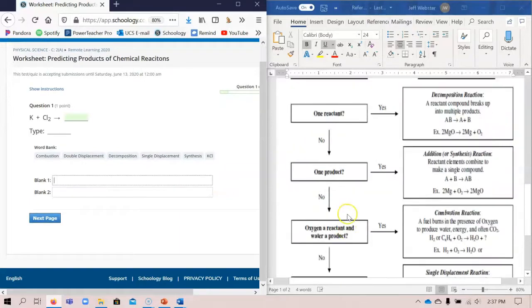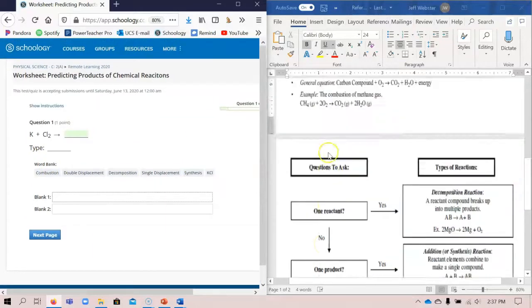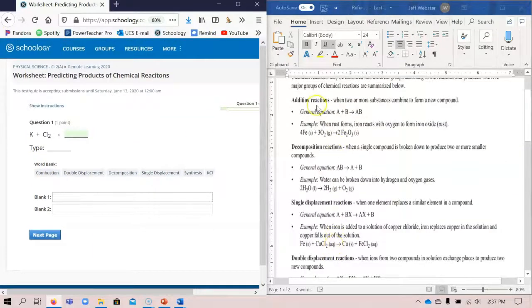All right, so when I come back here, if they're both just elements, and this even says this up here at the top too, it's probably an addition reaction, which is also called a synthesis reaction. So what I'm going to do for blank 1, and if you notice it does only give me a blank for one product, my general equation is A plus B gets me AB. So when I put this together, the thing I have to keep in mind is what are the oxidation numbers.